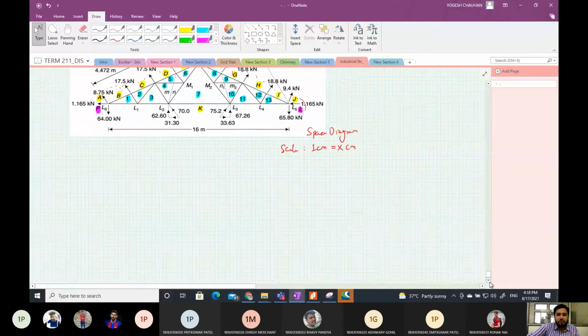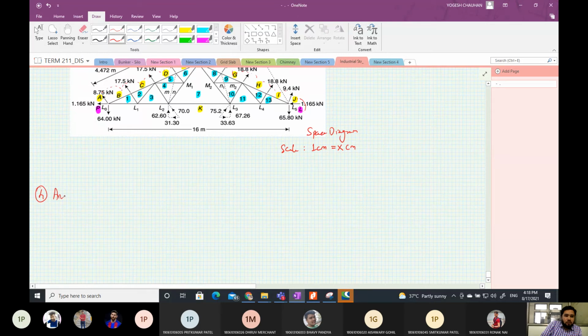Same way you will have analysis for wind load case, windward side, using graphical method.